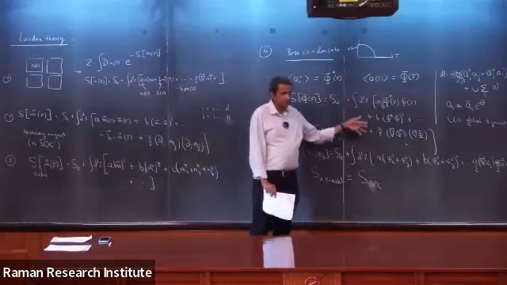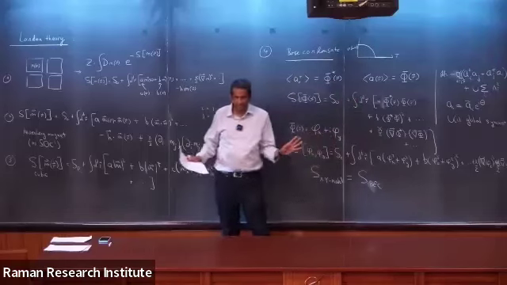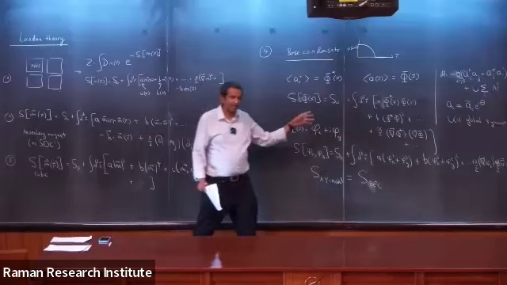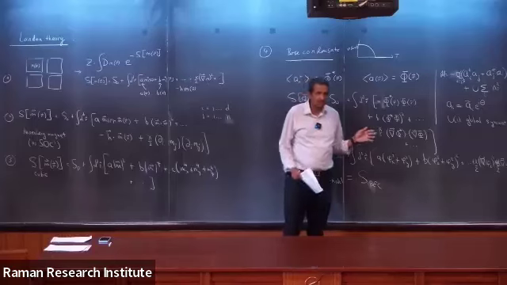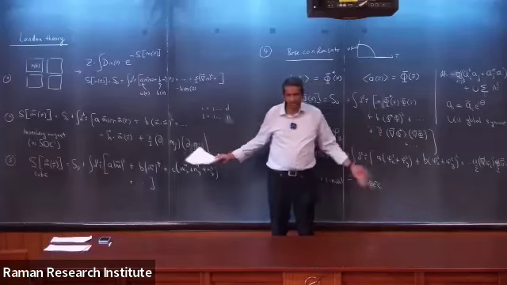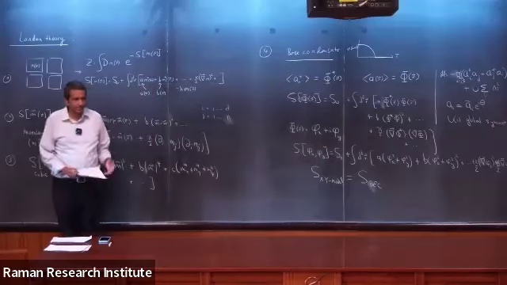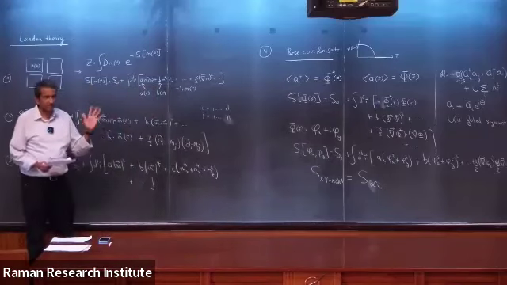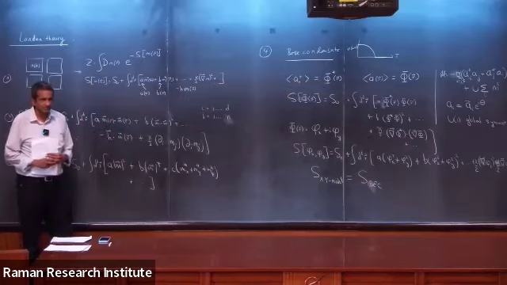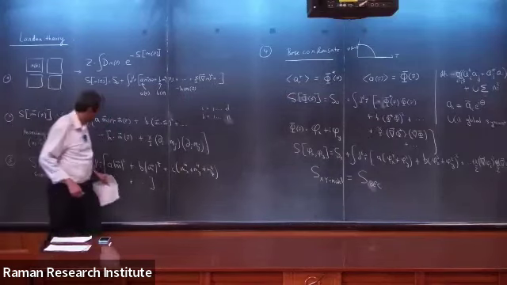But it's also possible that two systems which are completely different physically might also end up having an action that looks exactly the same. I just have to physically differentiate the meaning of the order parameter. But other than that, the action looks the same, mathematically the same. Yeah? Okay.